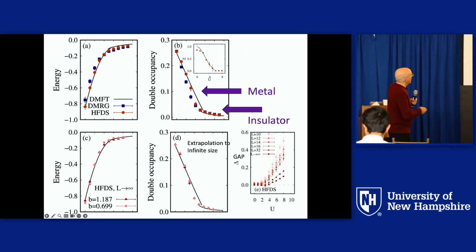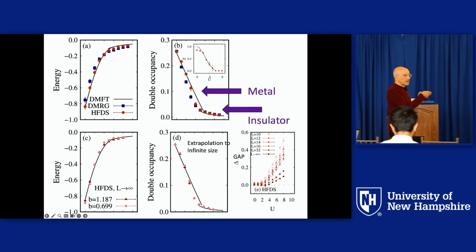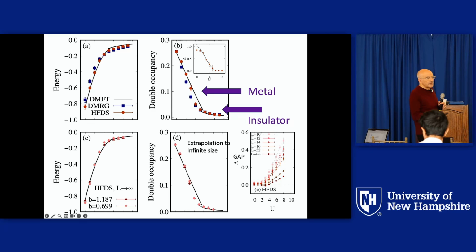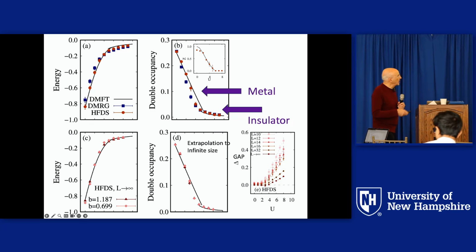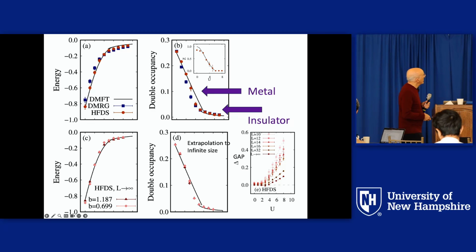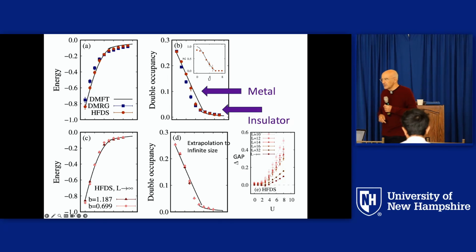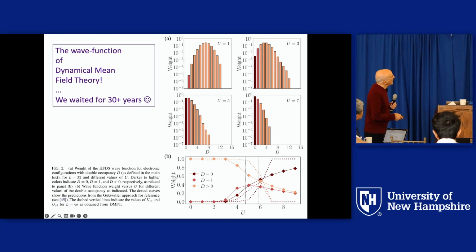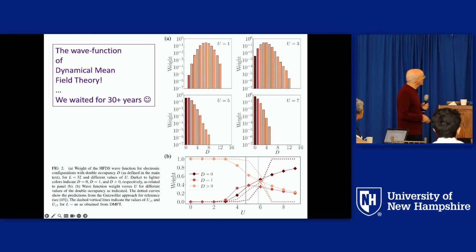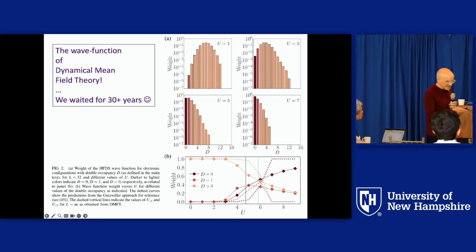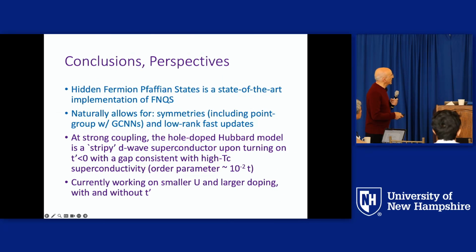We documented that the neural network, this was HFDS, the old school way, can capture the Mott metal insulator transition. The comparison is between the neural network and the plain lines, which are the thermodynamic limit, dynamical mean field theory, exact solution. And this is the wave function of DMFT, which I've been waiting for many years. So that was kind of a fun project.